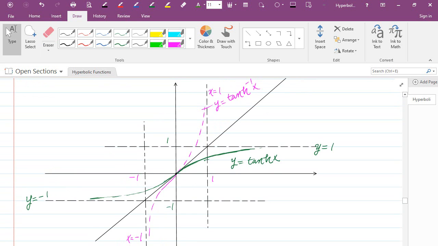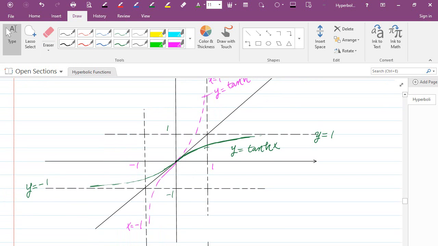One thing I want you to notice here is that the inverse of the hyperbolic tangent has vertical asymptotes at -1 and 1, and the hyperbolic tangent has horizontal asymptotes at -1 and 1.